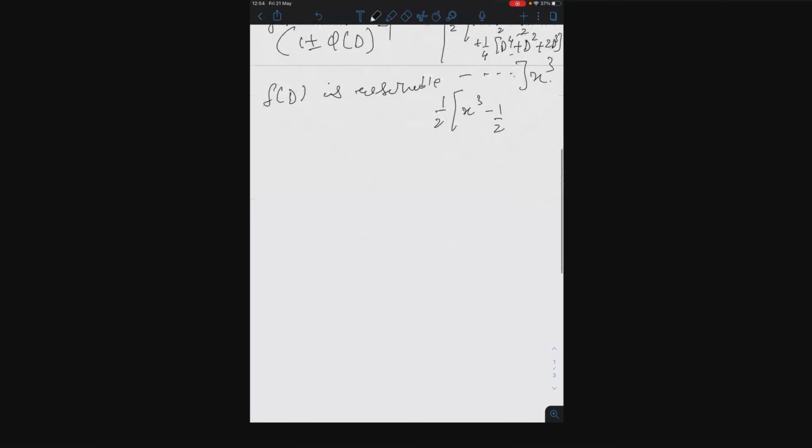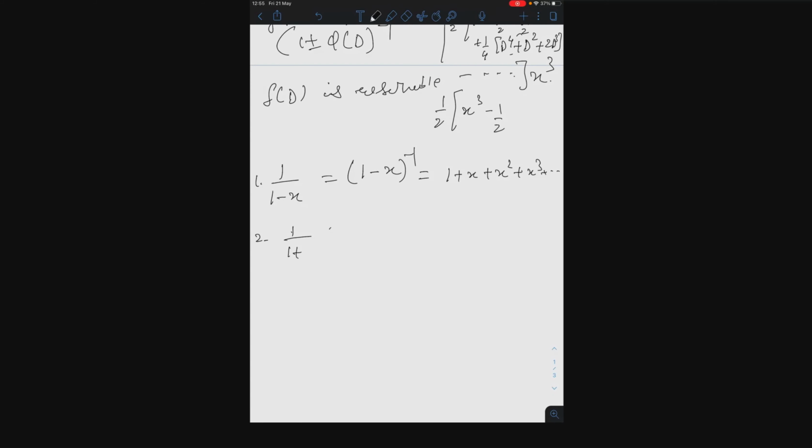See, for expansion, a few expansions I will write. For standard ones, I am writing for x, not for d. 1 by 1 minus x is nothing but 1 minus x whole to the power minus 1. So its expansion is what? 1 plus x plus x square plus x cube and so on.